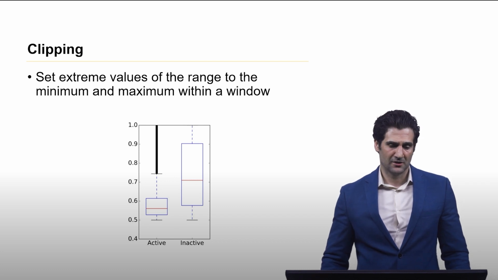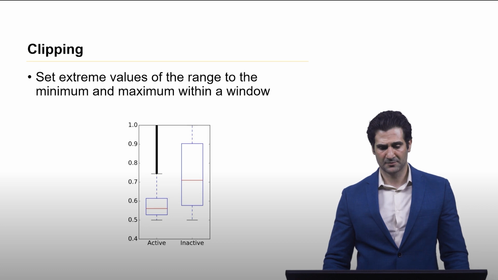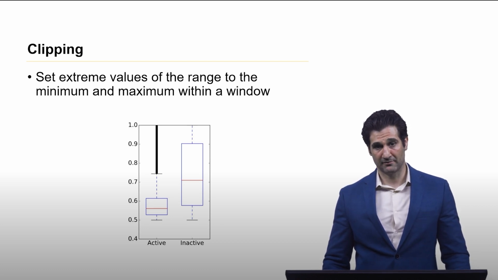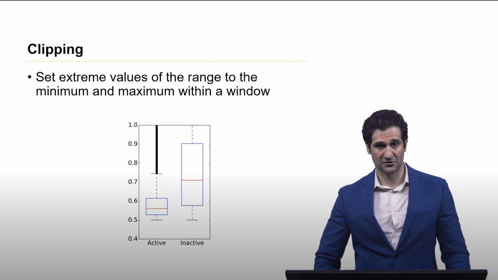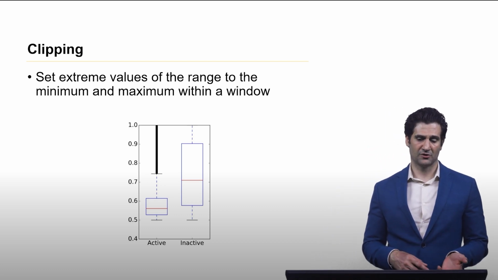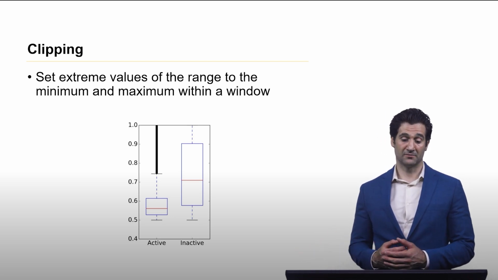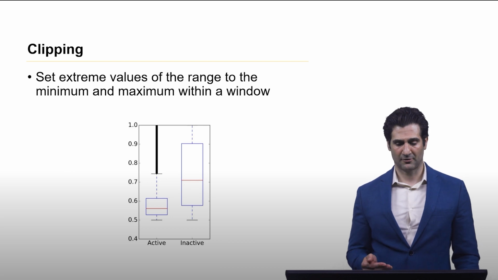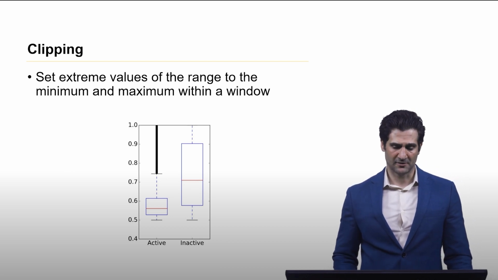The next method for preparing data is clipping. Here we see some box plots. This deals with a certain type of measurement for identifying users that were either active on Twitter or became inactive due to being barred. As we know in box plots, the whiskers represent a small number of samples.